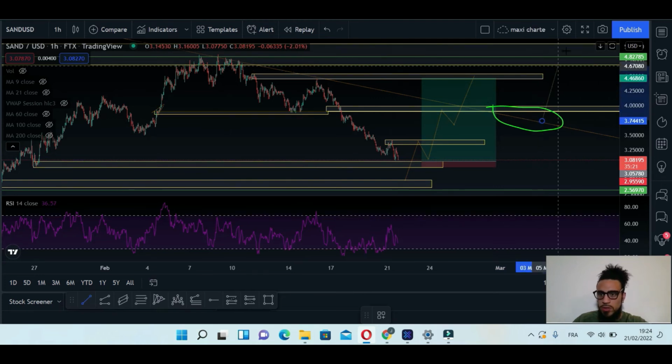Buying around there to sell there, or to hold and sell the partial here, like a 60% partial in anticipation of a breakout.